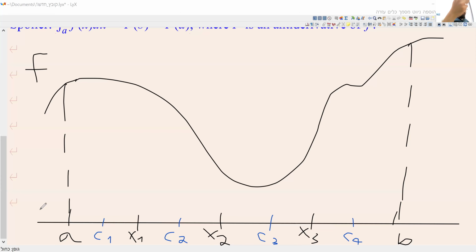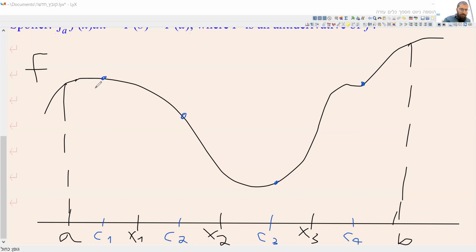Each point will give us the height of the rectangle. Of course, the height should be a point on the graph itself, not on the ground. And when we have both points of the bases and the points of the heights, we can draw our rectangles.